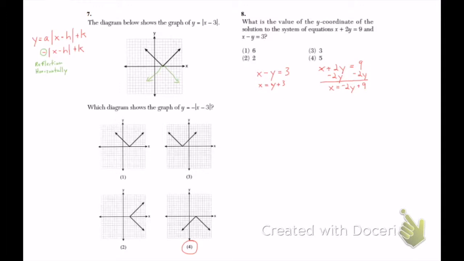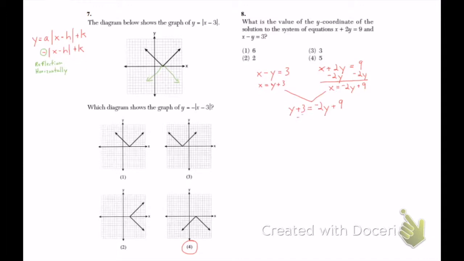So what can we do? Well, we can bring both equations together since they're both equal to x, and we can set them equal to one another. So we have y plus 3 equals negative 2y plus 9. And now we must solve for y.